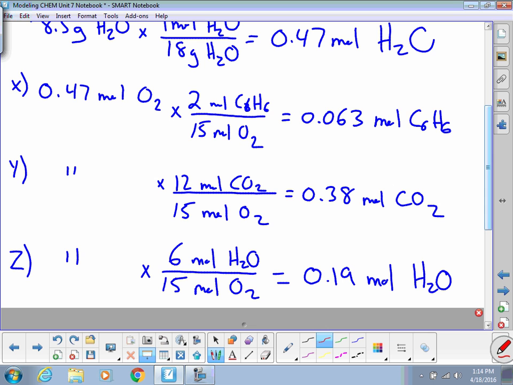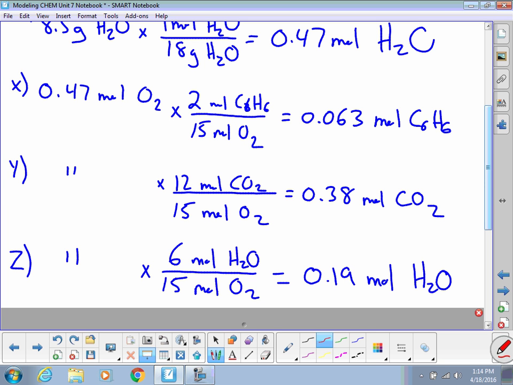And so that's what we have here. We're starting with the 0.47 moles of oxygen times our mole ratio to C6H6, which is 2 moles over 15 moles of O2, and that equals 0.063 moles of C6H6.